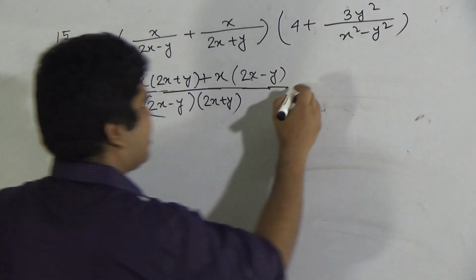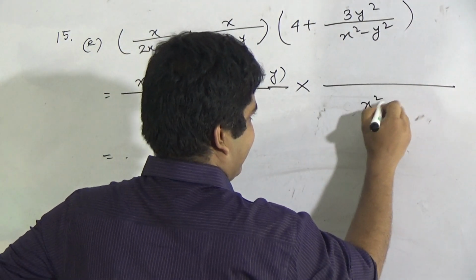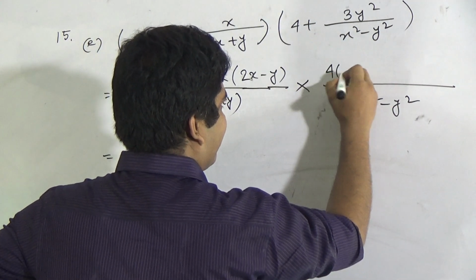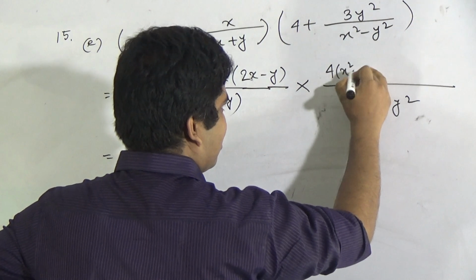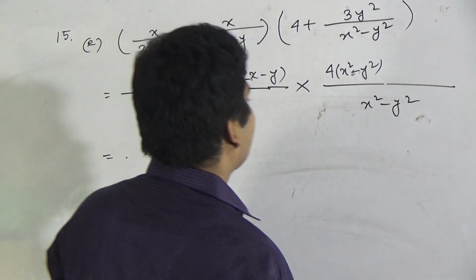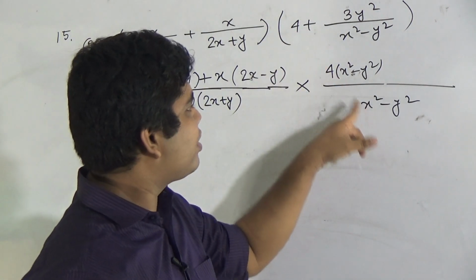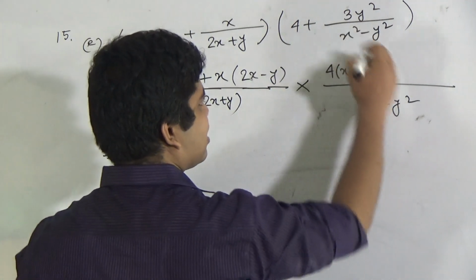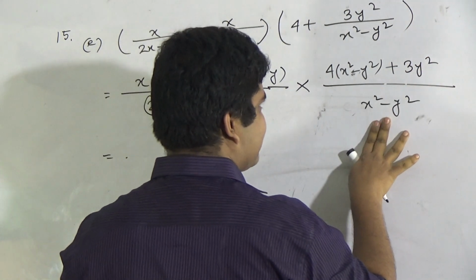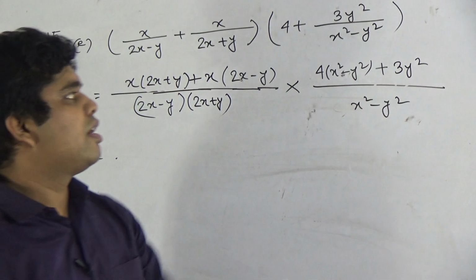In this case x square minus y square is the LCM and we multiply this by 3y square. Why? Because if we divide this x square minus y square by itself we get 1, and that 1 is multiplied with 3y square and we get 3y square.